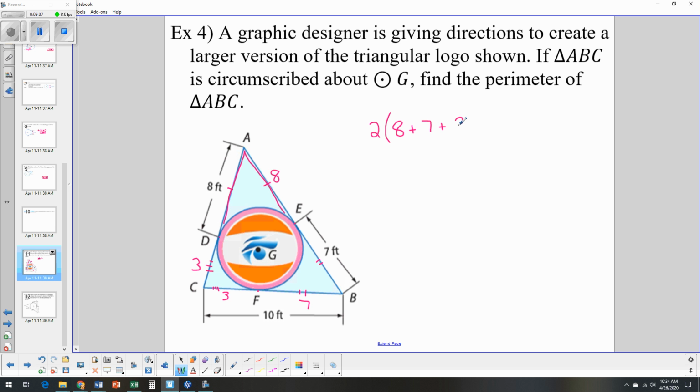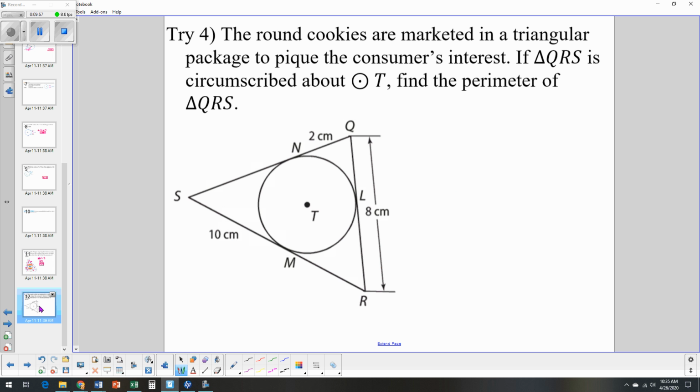So I'm really going to do 2 times 8 plus 7 plus 3. So that's 2 times 18, or 36 feet. I would have gotten the same answer if I did 8 plus 8 plus 7 plus 7 plus 3 plus 3. So you're going to try this last one, all right?